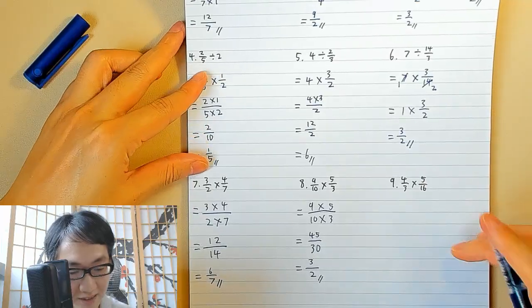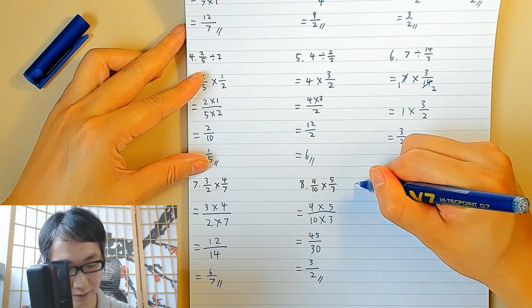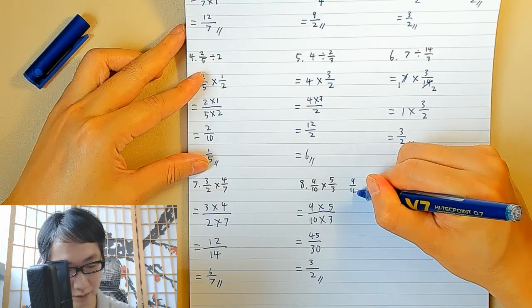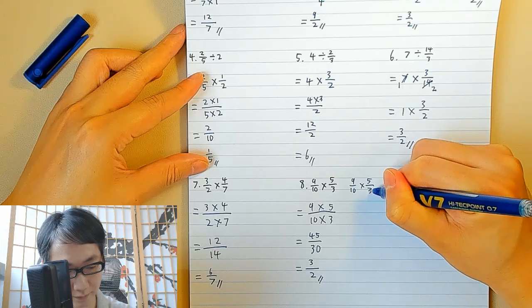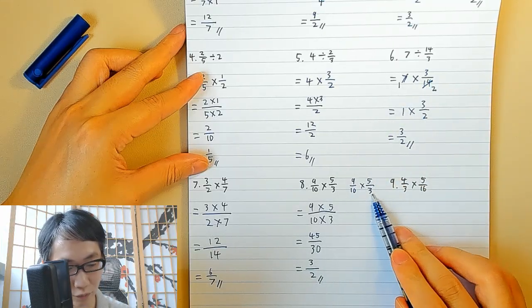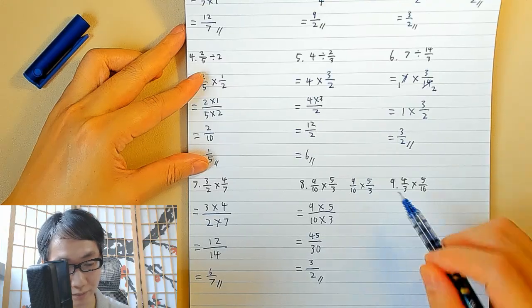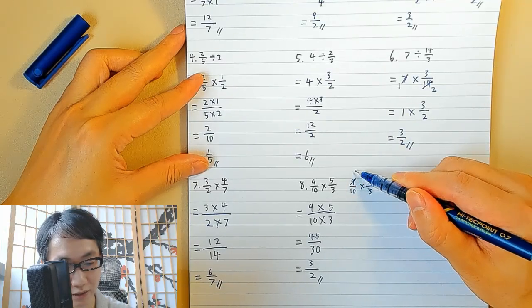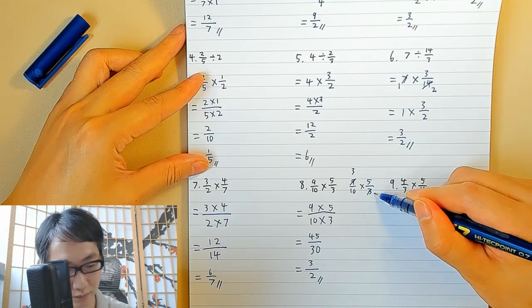We can also start simplifying at the first step. So like this, 9 over 10 times 5 over 3. 9 and 3 have a common factor of 3. So 9 divided by 3 is 3, and 3 divided by 3 is 1.